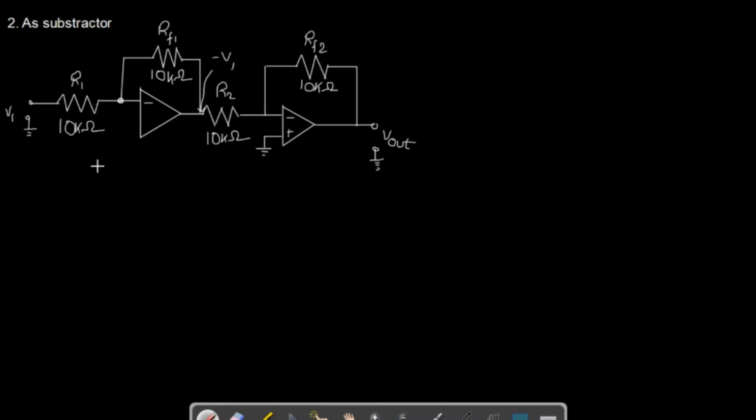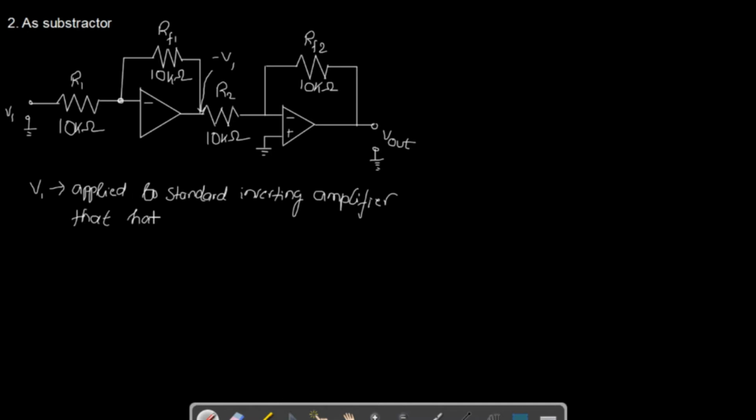And this is how a subtractor circuit will actually look. So if you just look into V1, it is basically applied to the standard inverting amplifier that has unity gain.